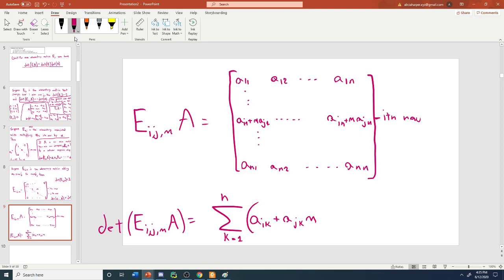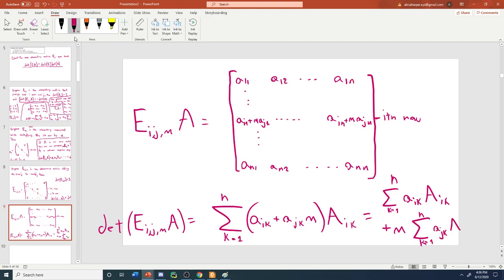And this can be split into two sums. The first sum goes from k equals 1 to n, and it's a_ik times the cofactor, big A_ik, and then plus m times the sum from k equals 1 to n of a_jk times the cofactor A_ik.